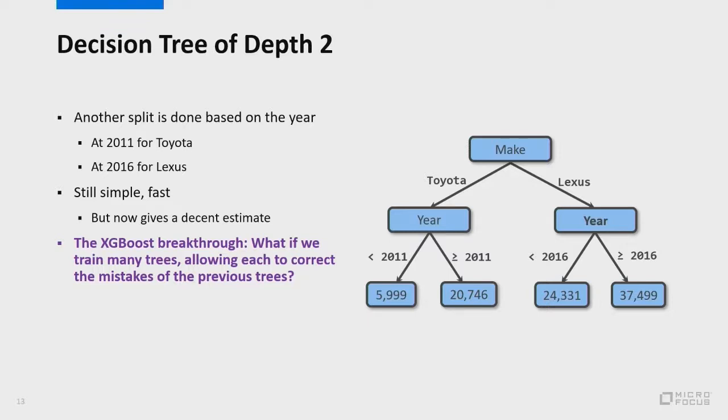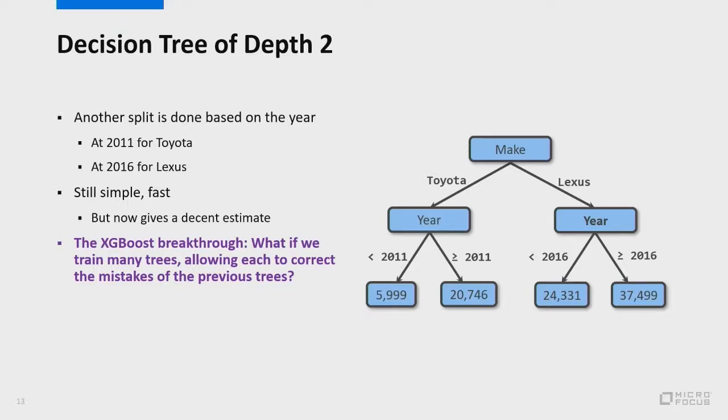And for Lexus, there's a different split. And so this is still a simple model. It's still very fast. As you can see, it wouldn't take much to store this model and give predictions because you need to store like 6 things or something like that. But now we give a half decent estimate.